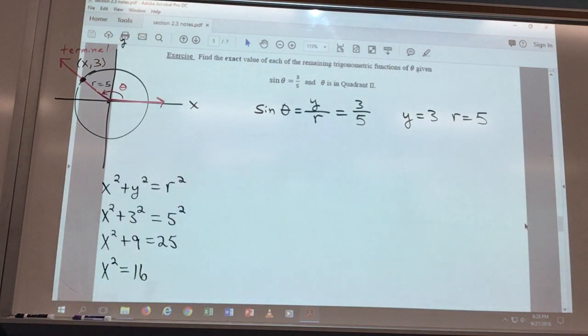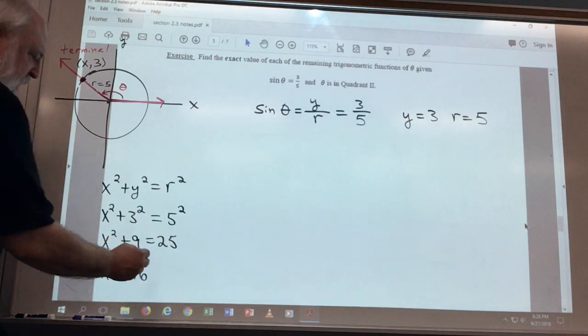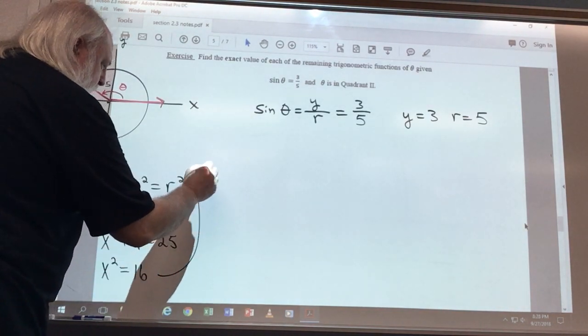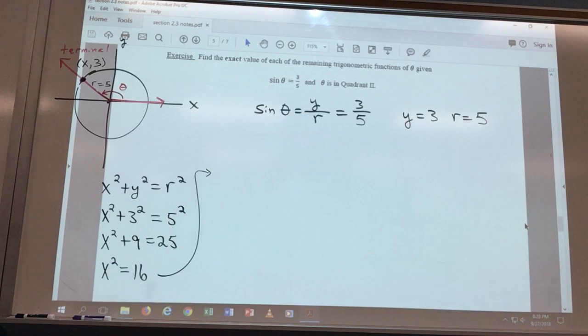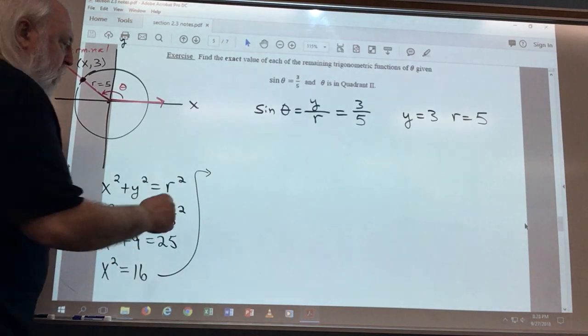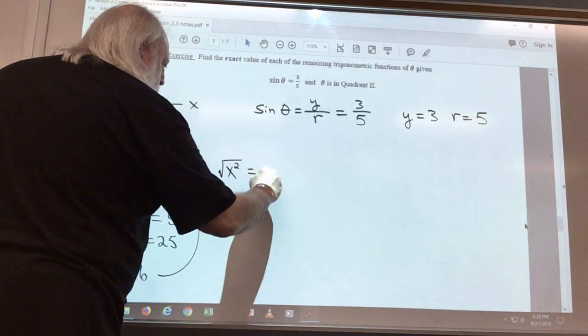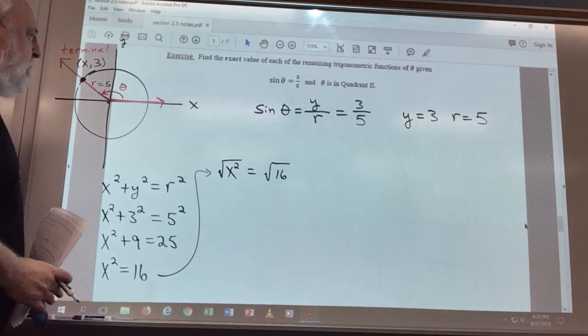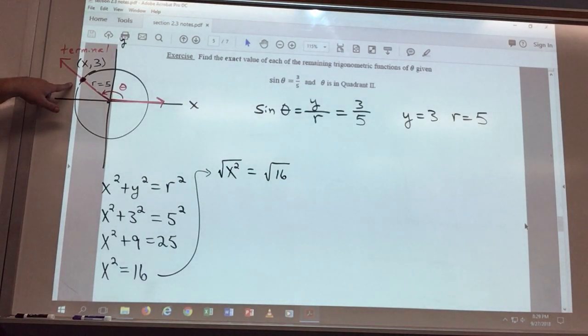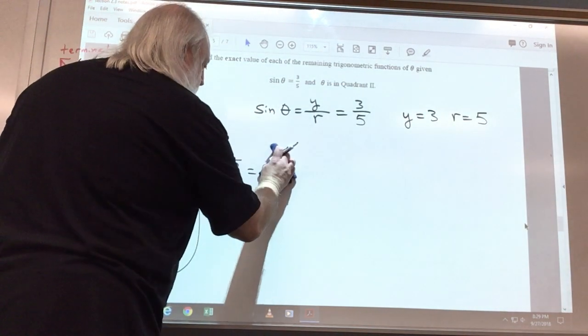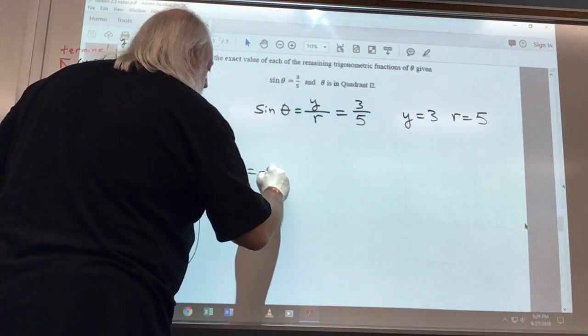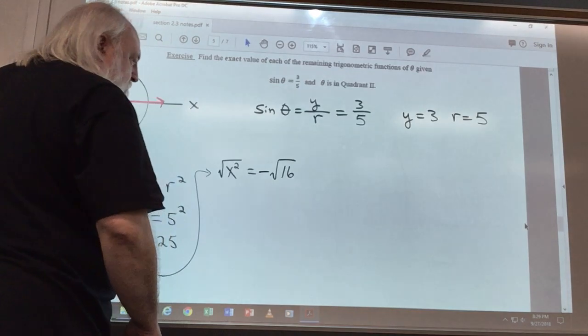Now this is sort of where the tricky part comes in. Square root undoes squaring, so we've got to take the square root of both sides. Square root of x squared, square root of 16. But you have to ask yourself, in quadrant 2, is the x coordinate positive or negative? It's negative. So you've got to put a minus sign in front of the square root on the right-hand side.